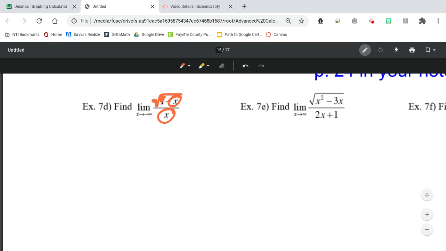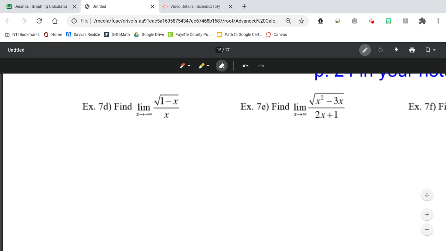So this 1 is not going to be relevant because we're thinking about substituting in really, really large numbers or really, really small numbers. And at the end of the day, if you're going to substitute in a really small number, then that 1 is not going to make a difference. Because if you think about like negative a million plus 1 versus negative a million plus 2, it's still pretty much the same value.